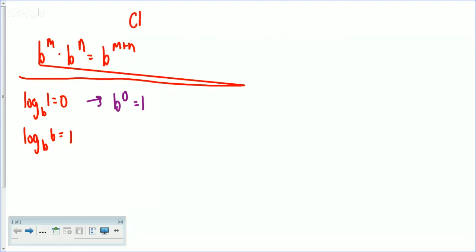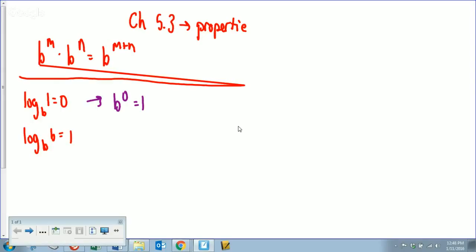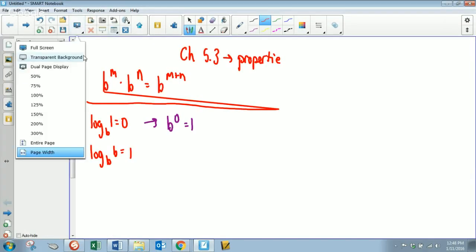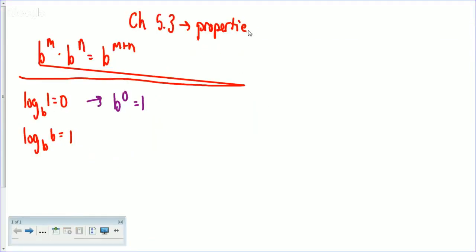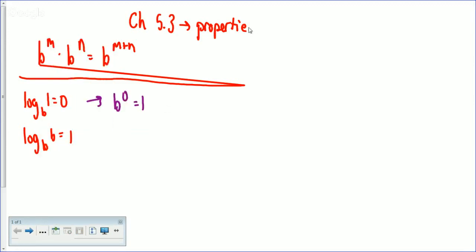So this is chapter 5.3, properties of exponents, or of logs.